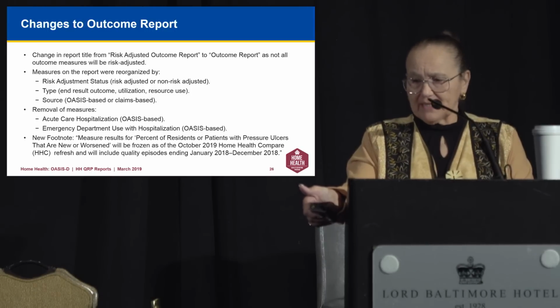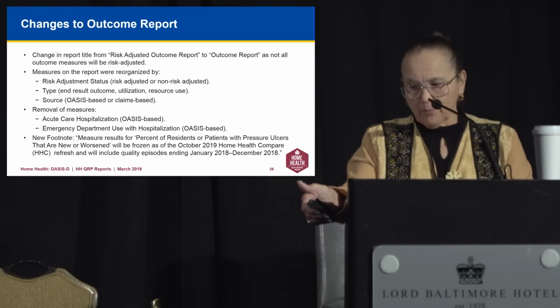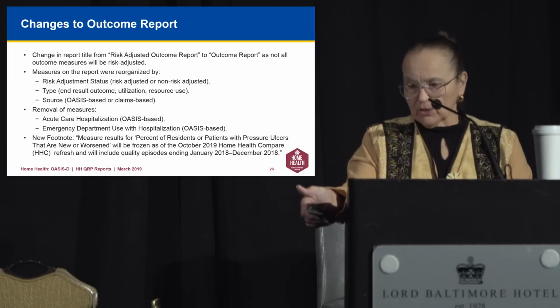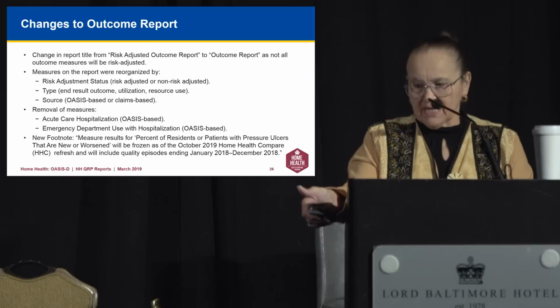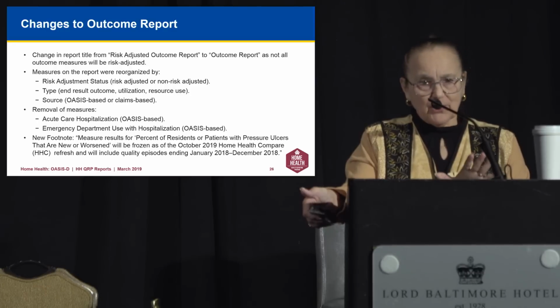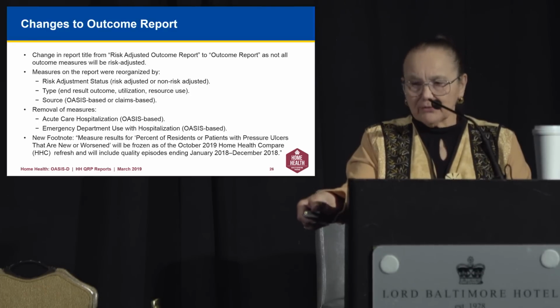The footnote reads, measure results for percent of residents or patients with pressure ulcers that are new or worsened will be frozen as of October 2019 Home Health Compare Refresh, and will include quality episodes ending 1/18 to December of 2018. So that's going to affect how you look at and use this data.